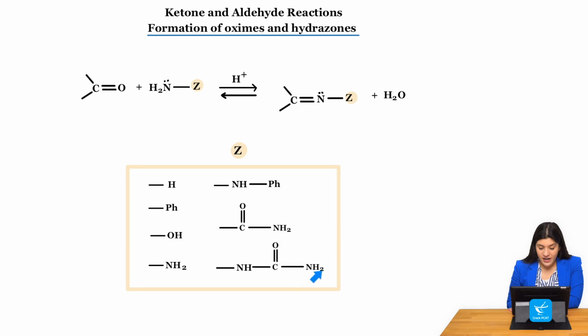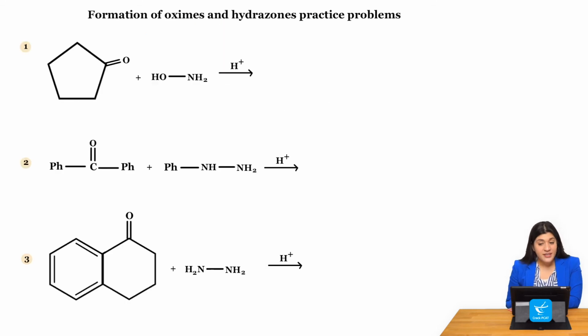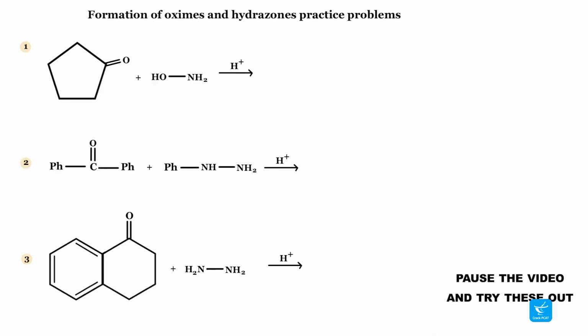So that just means that this is what would be replaced. We're still adding the nitrogen that's attached here and replacing the oxygen, and then whatever that Z would be, that's what we replace. If this was a hydrogen, now this would be a hydrogen. If this was a phenyl group, now this would be a phenyl group, and so on. If this was an alcohol group, this is now an alcohol group. So that being said, go ahead and try some of these questions out.